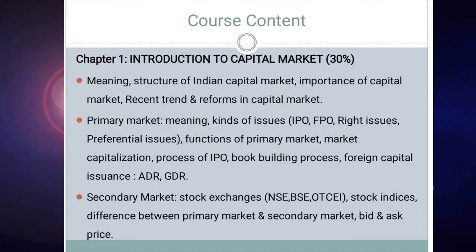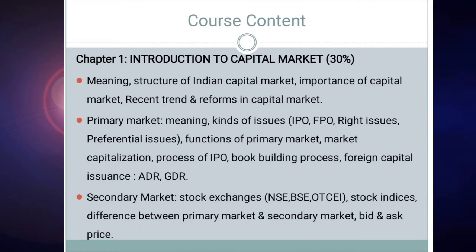So, in SEM 5, we have to learn a total of 3 chapters. Chapter number 1, Introduction to Capital Market. It mainly covers the structure of the Indian capital market, its importance for our economy, and the recent trends and reforms that take place in the capital market.